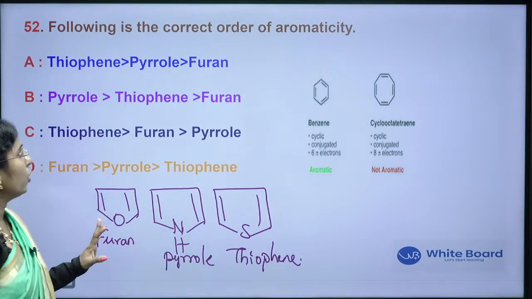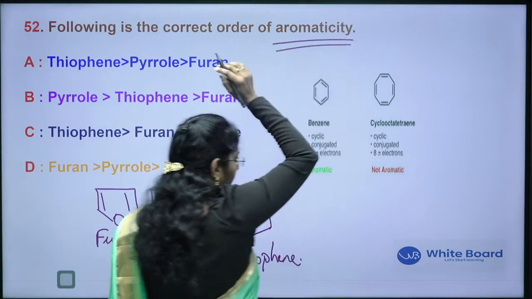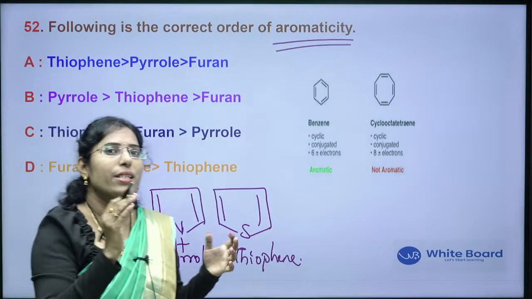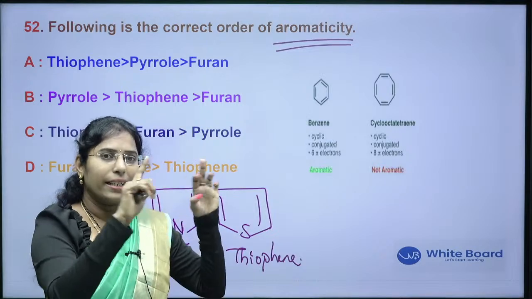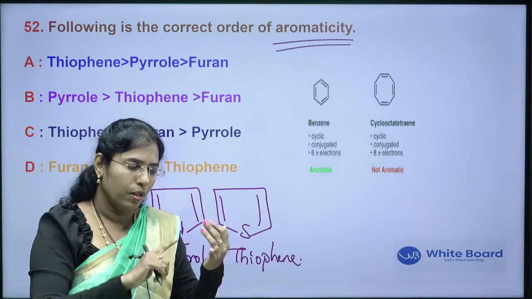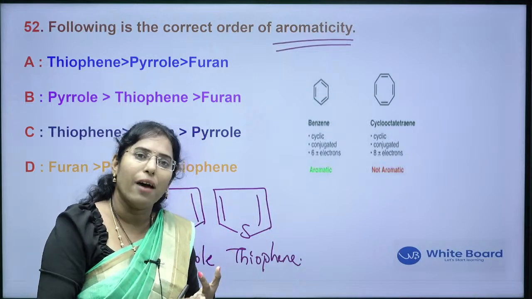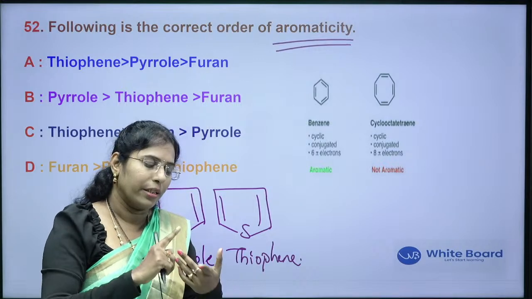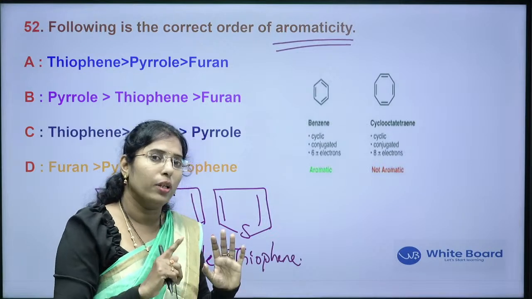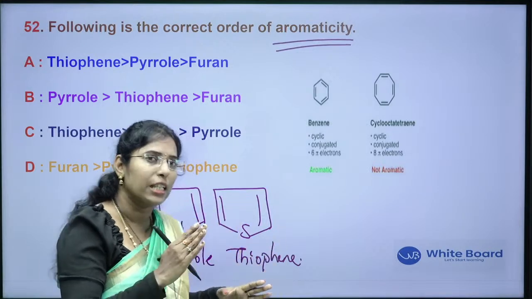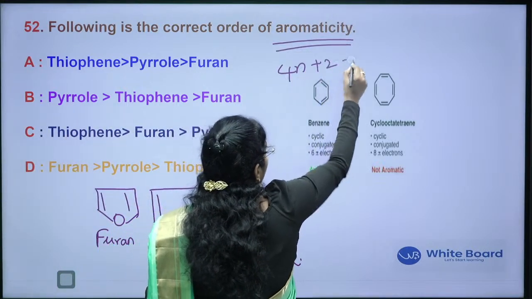Right. First of all, what is the basic criteria for a molecule to be aromatic? How can you say that the molecule is aromatic? The first thing is it should be a cyclic compound. Next, it should be planar and it should have conjugated double bonds. And next, it should undergo sp2 hybridization and it should satisfy Huckel's rule, that is 4n plus 2 pi electrons.